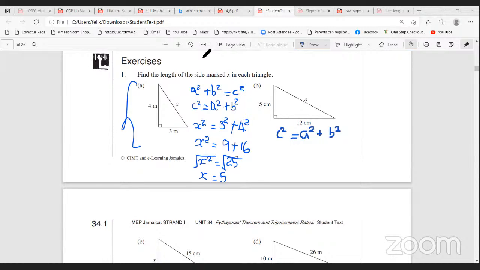Okay. So x squared is equal to 4 squared plus 5 squared.